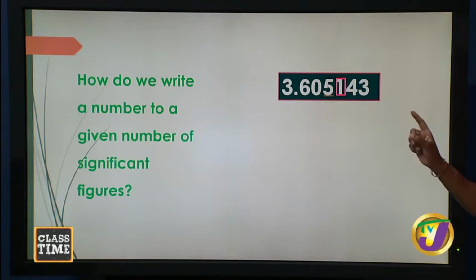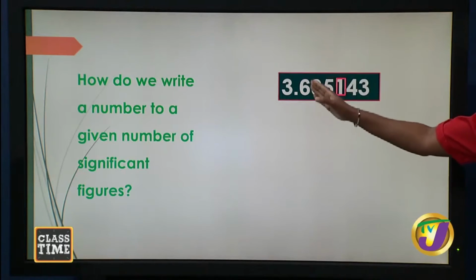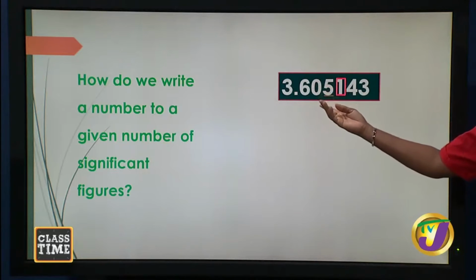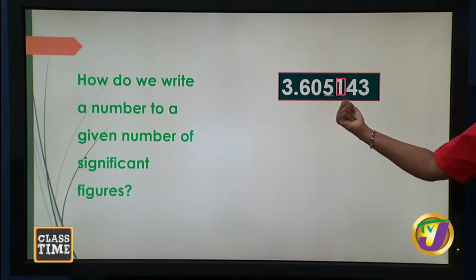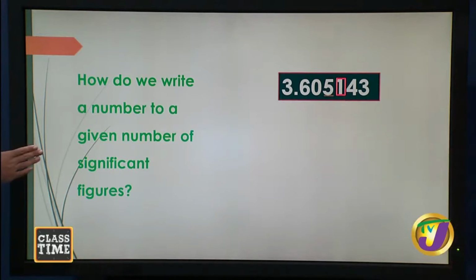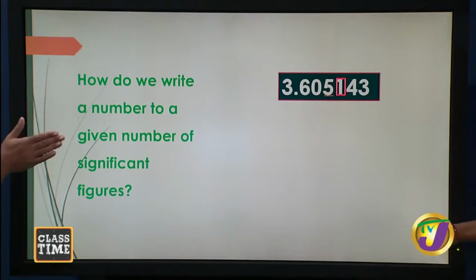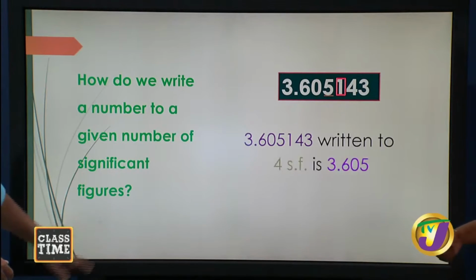Yes, it is, based on what we want to maintain in the value. Plus, it is between two non-zero digits. This 0 is significant, so we count it as part of the significant figures. If we took out that 0, it would change the value of the whole number, the 5 in particular, that is after it. So that would be four significant figures.